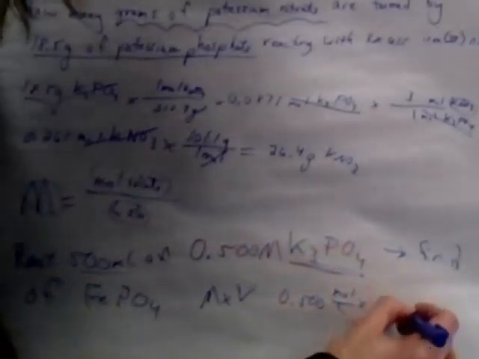There's 1,000 milliliters per liter, so that would be converted to 0.500 liters, and 0.5 times 0.5 is 0.250, and that's moles of solute.